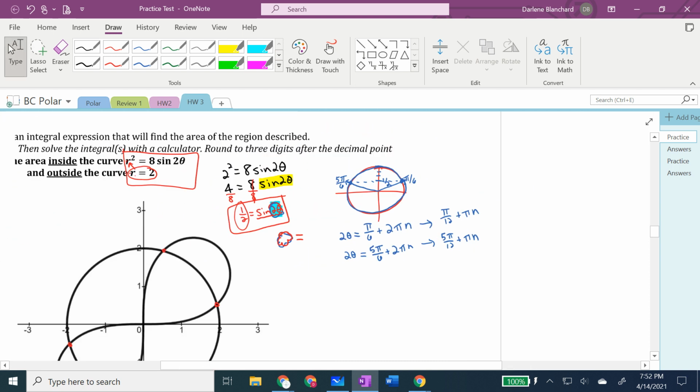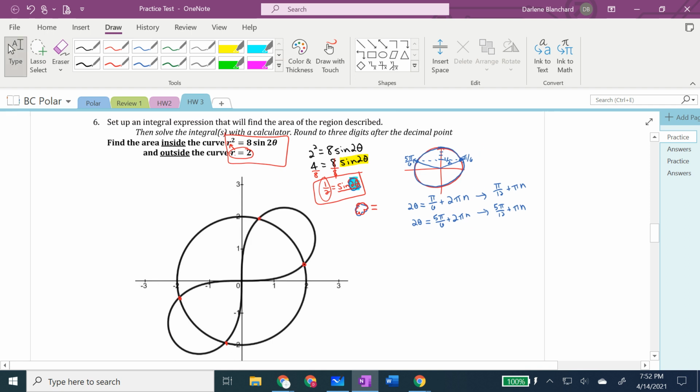Now, when I come back to the fact that I already have a graph here, that's going to help me to save some time. The very first angle has to be the smallest positive angle. And if you look at your possibilities, that's going to be pi over 12.